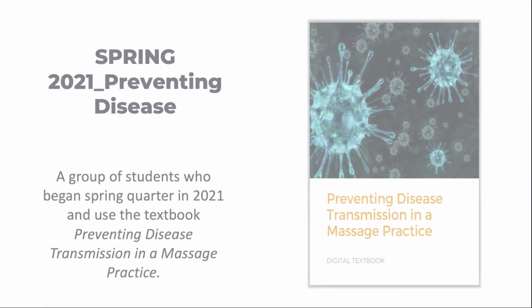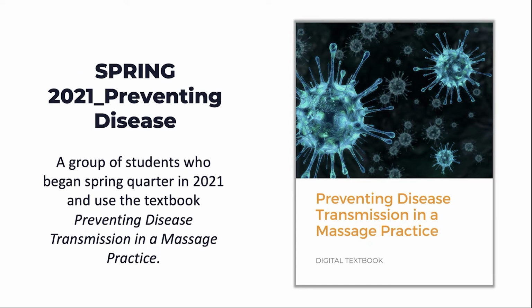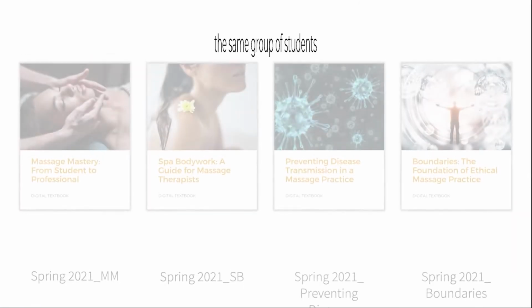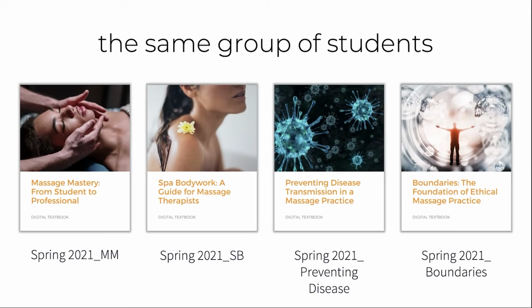Maybe this same group of students also uses the textbook Preventing Disease Transmission in a Massage Practice. Technically, our system views this as a different student cohort because these students are using a different book. This cohort might be named Spring 2021_Preventing Disease. So for the same group of students, you might have multiple cohorts if they use multiple books.